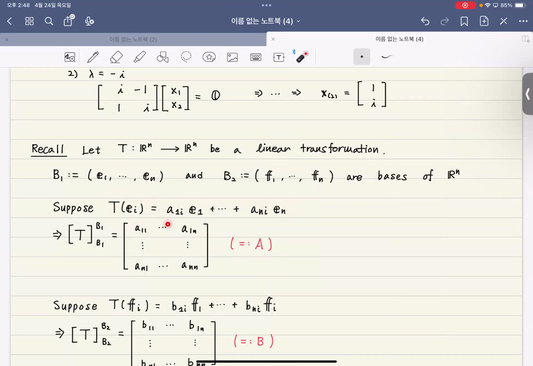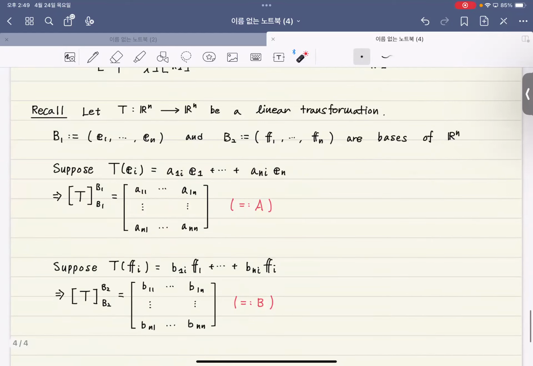In this case, there is a matrix representation of this linear transformation with respect to the basis B1, where the input basis is B1 and the output basis is still B1. And you know how to find this matrix. All you have to do is write down each of these entries one by one in this vertical manner. I will say this is my matrix A.